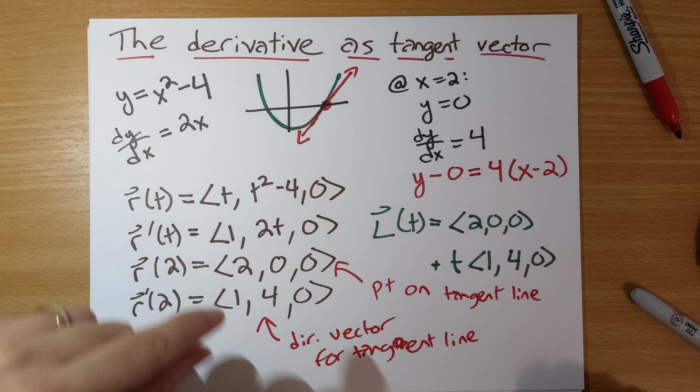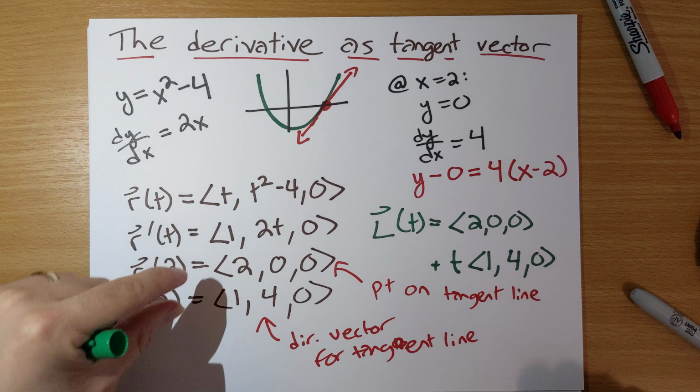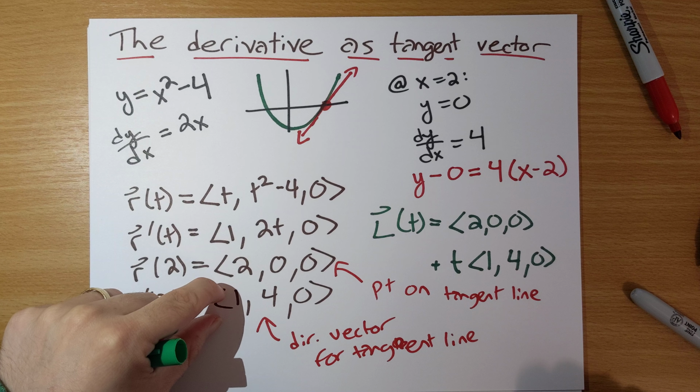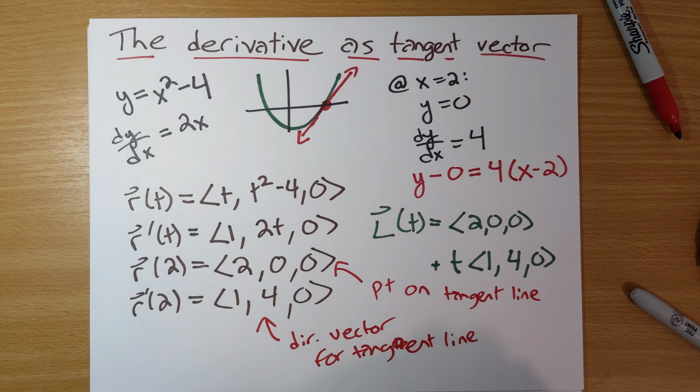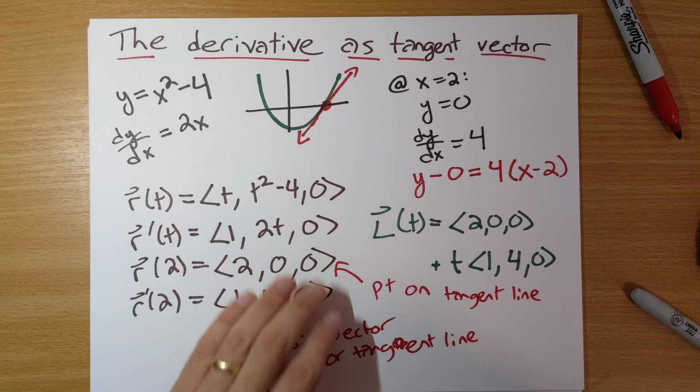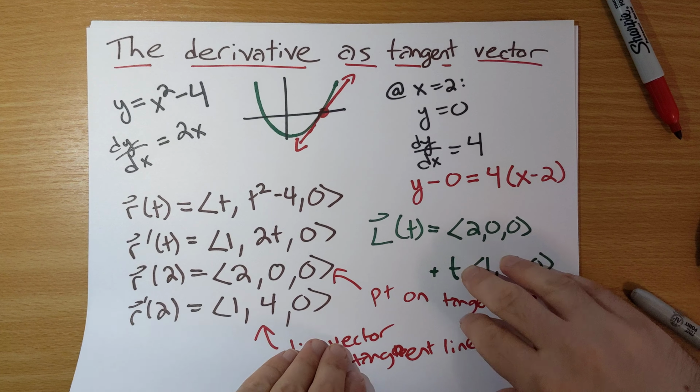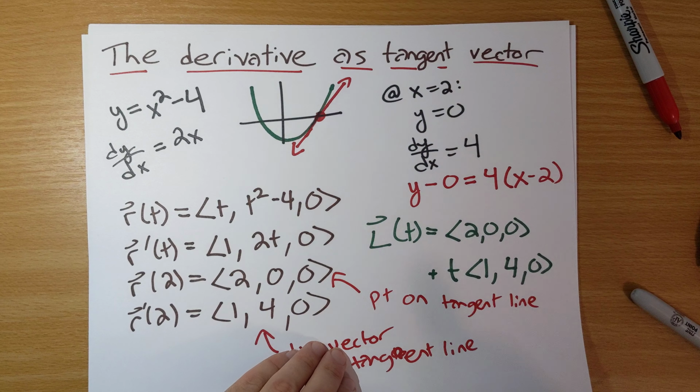We have a position vector for a point on the line. We have a direction vector for our tangent line. It's very easy for us to combine those two pieces of information to get an equation for the tangent line. So what's going on here? Let's kick this up more generally speaking.